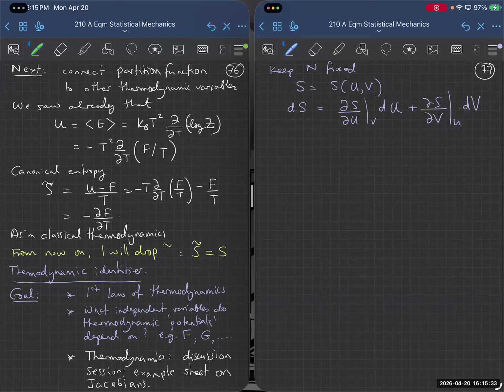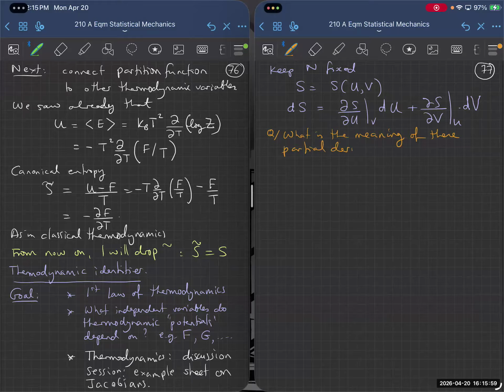What I would like to find out is the meaning of these derivatives. So the question we're going to try to answer is, what is the meaning of these partial derivatives?